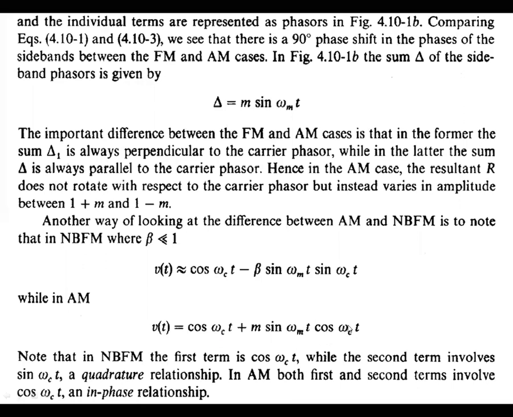So the basic difference is that cos ωct and sin ωct are in an out-of-phase relation, and cos ωct and cos ωct are in an in-phase relation. In FM, the sideband is out of phase with the carrier, and in AM, the sideband and carrier are in phase. Okay, please note these points in the phasor diagram of FM.